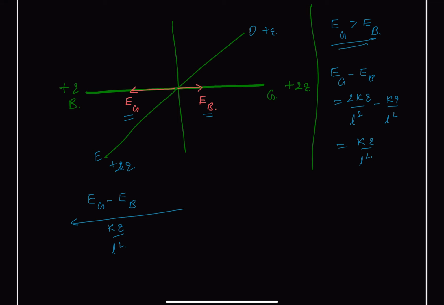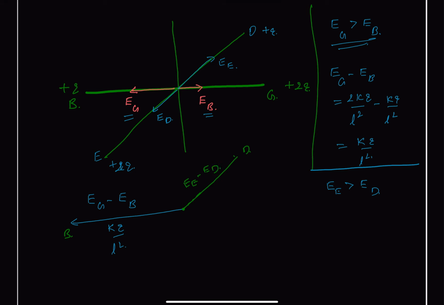So therefore the magnitude of the electric field because of this charge at E will be on the higher side as compared to because of D. Therefore we can write that our electric field at E is greater than the electric field of our D. So net electric field will be towards our D. So this is our net electric field towards point D and this is point B. And its magnitude will be our electric field of E minus electric field of D.